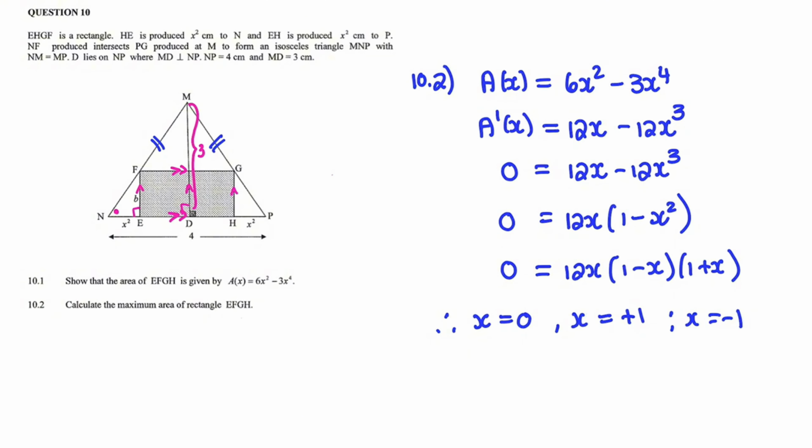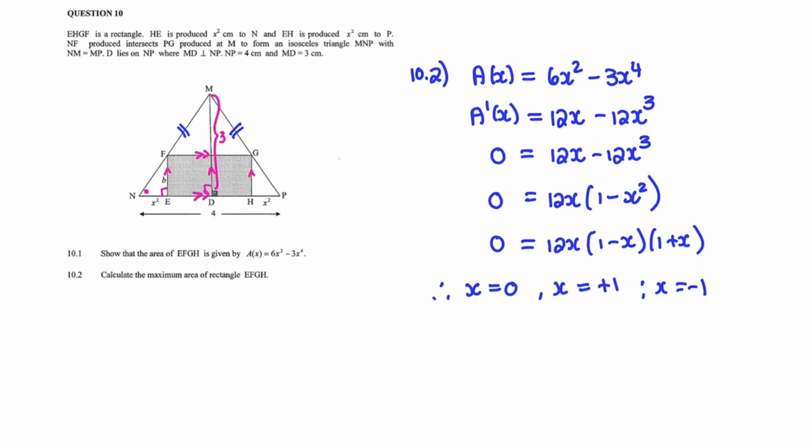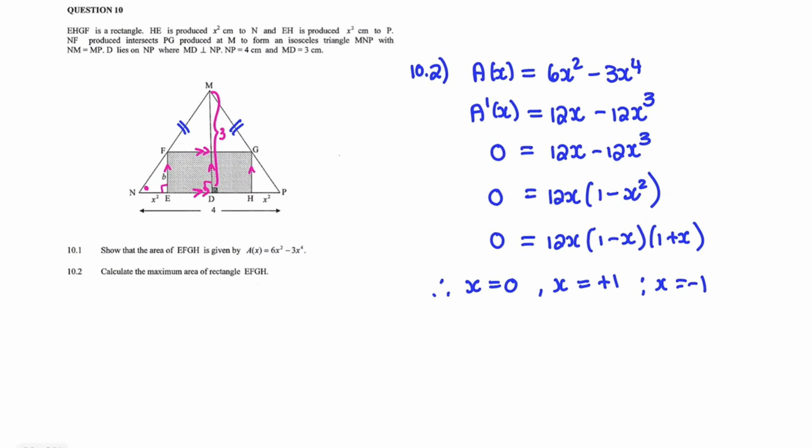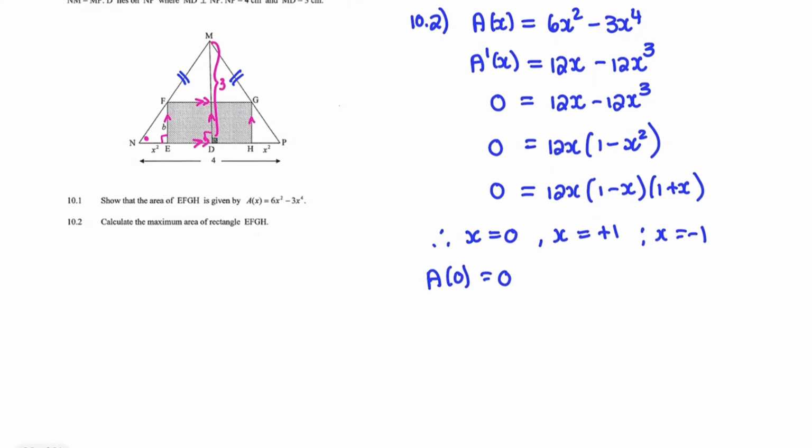So the question said find the maximum area. So I'll test these three values of x in my original area equation. When x is equal to 0, the area is 0. That doesn't look like a maximum. When x is equal to 1, I have 6 times 1 squared minus 3 times 1 to the power of 4, which is 3 units squared.